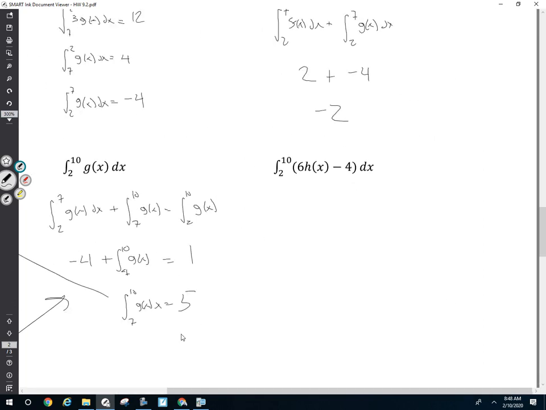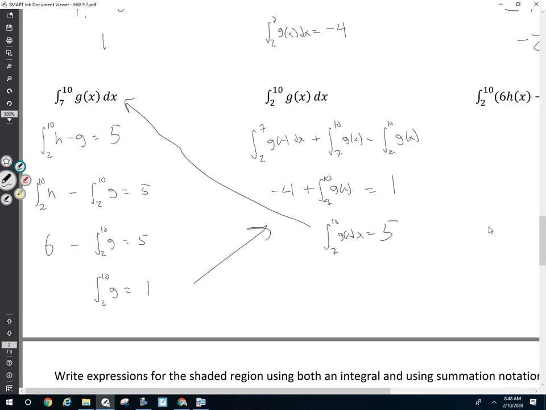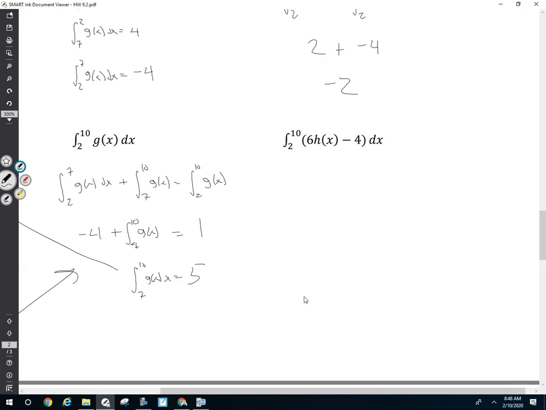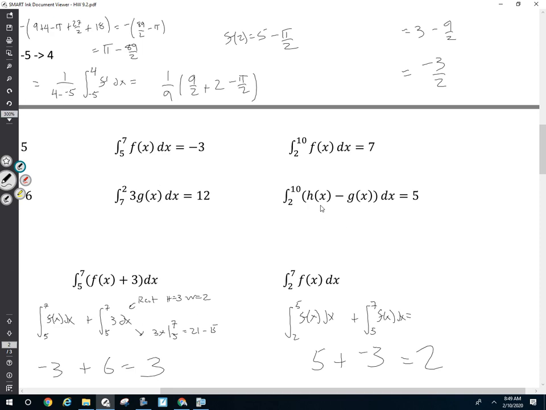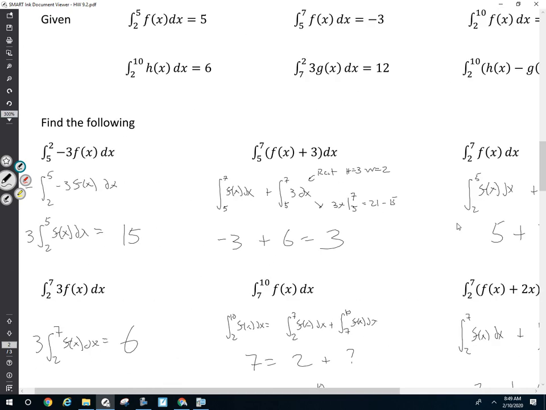Good questions. 2 to 10 of 6h minus 4. All right. Well, it's going to be 6 times 2 to 10 of h minus 2 to 10 of 4. 2 to 10 of h, I found a 6.